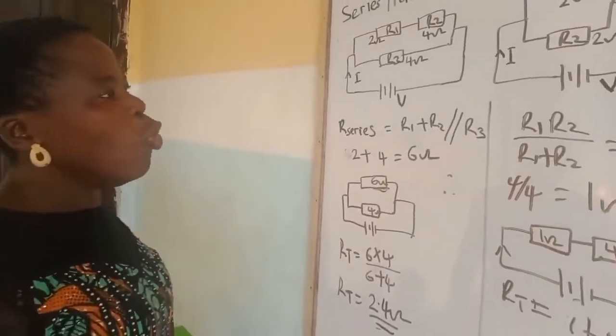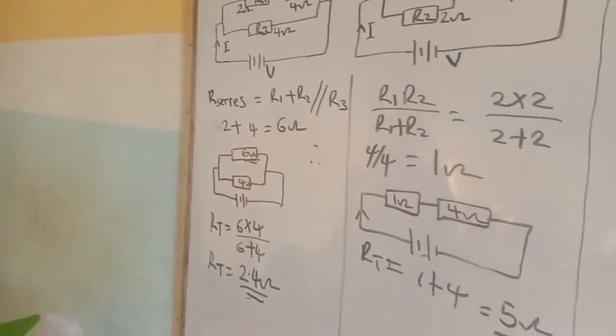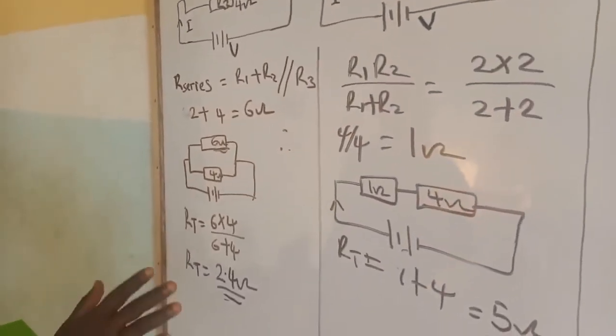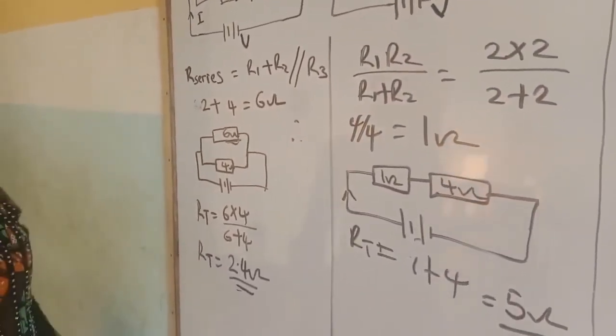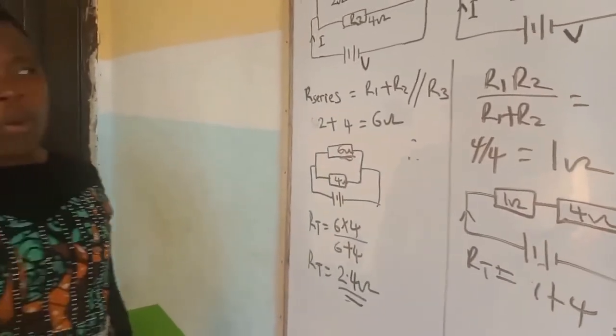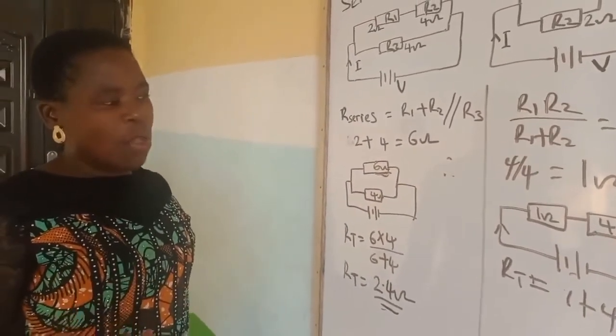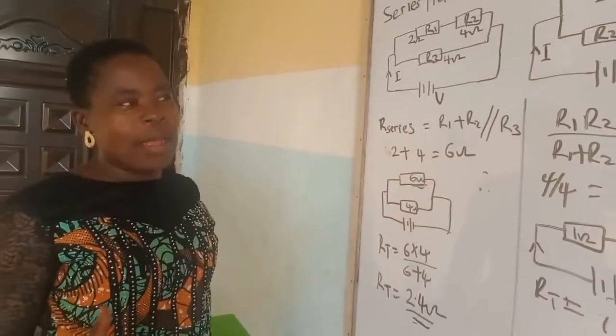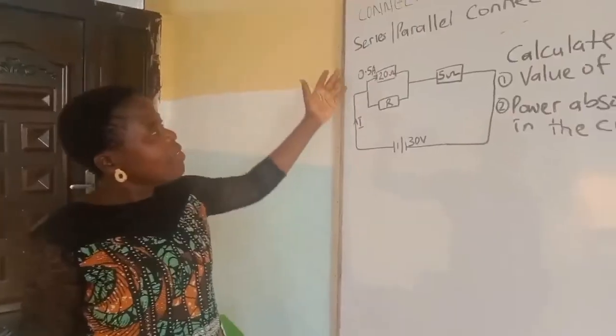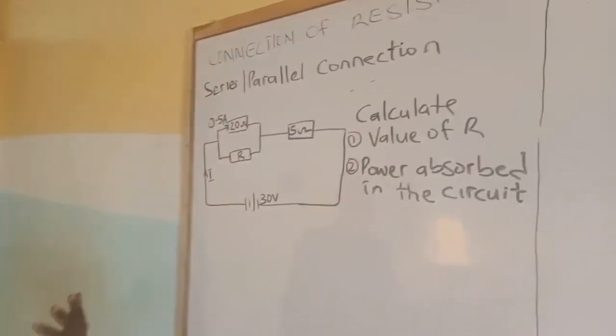Let's quickly go to an example that combines series and parallel, and then we are going to apply our Ohm's law to calculate the current, the voltage, and even the power in such circuits. As you can see, we have series and parallel connection.